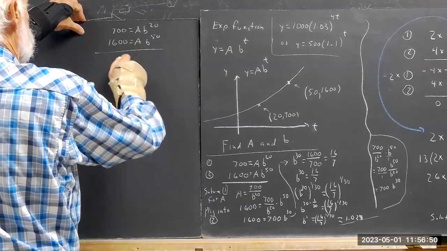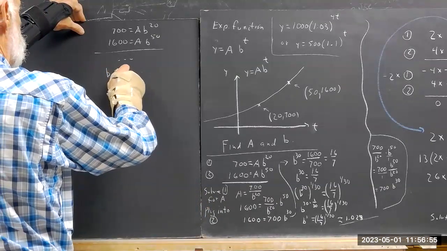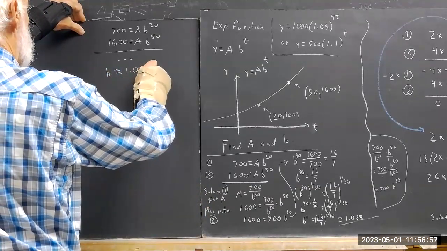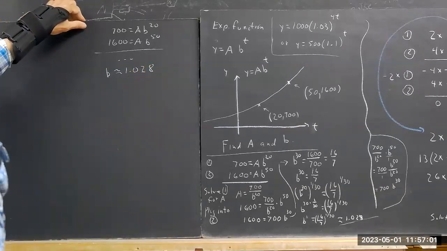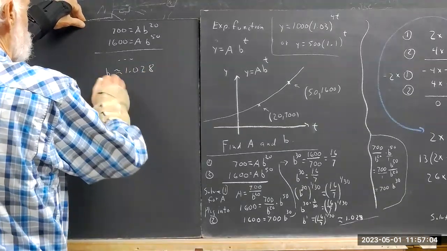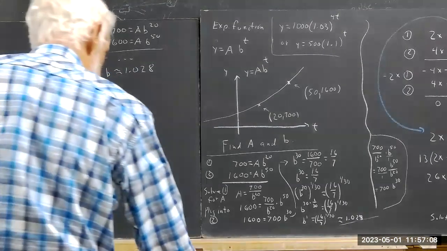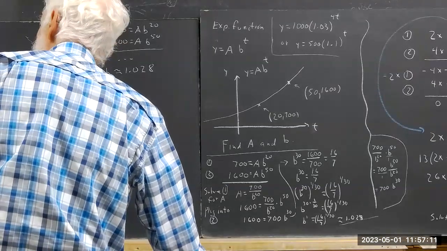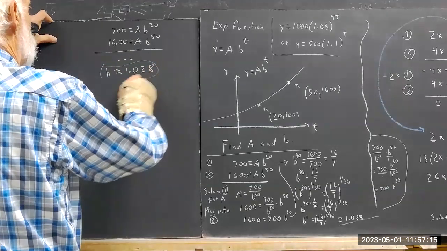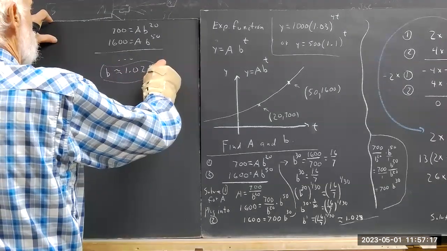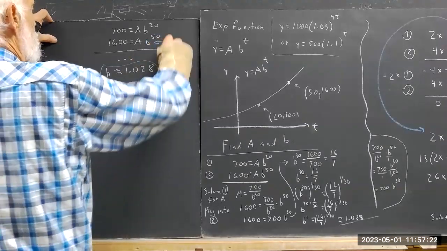Okay, this system, through the steps that we show here, gives us b approximately 1.028. So what do we do with that? We normally take a piece of blue chalk and plug this into one of our equations.